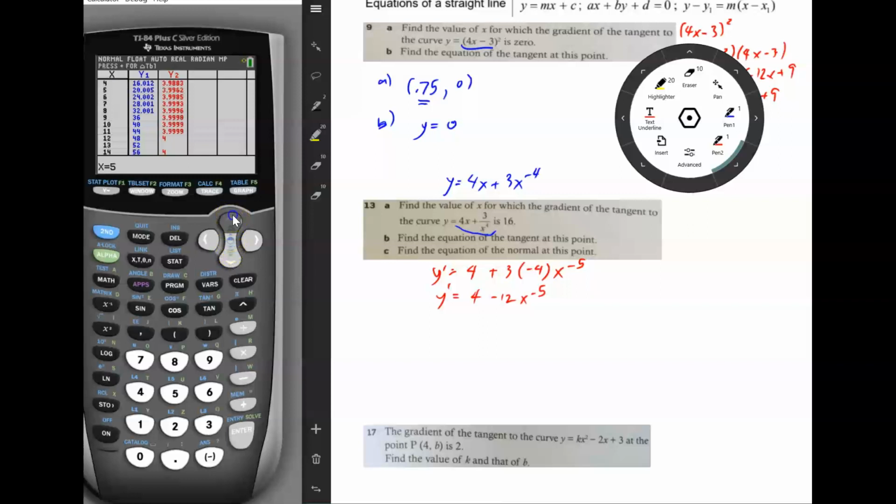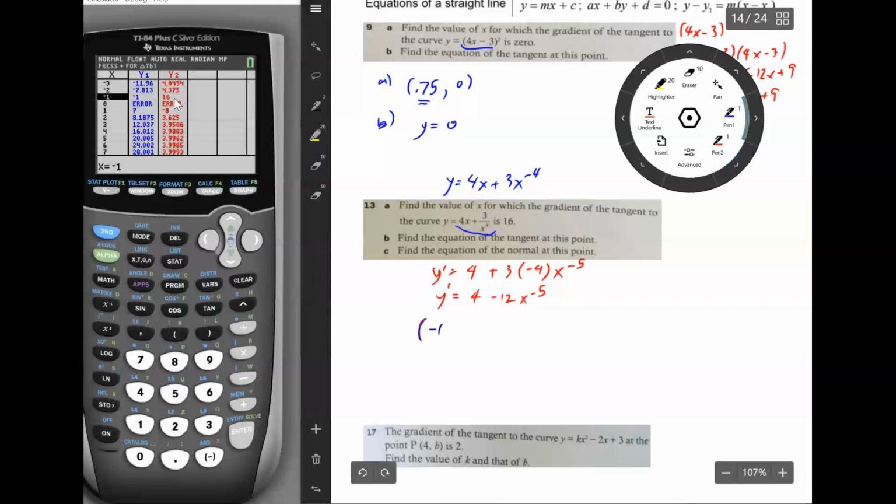So let's go back and see if we can find a place where it might be 16. Oh, there it is. Okay, there's 16. All right. So the point where the gradient of the tangent is 16 is negative 1, comma, negative 1.